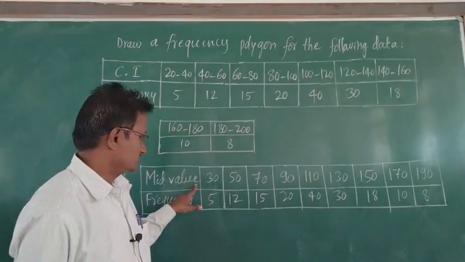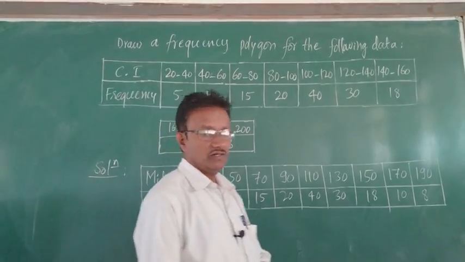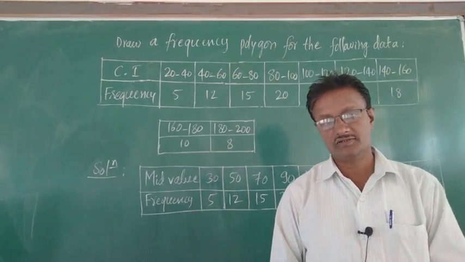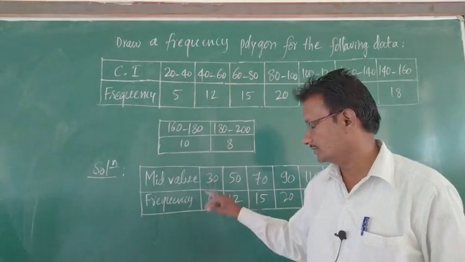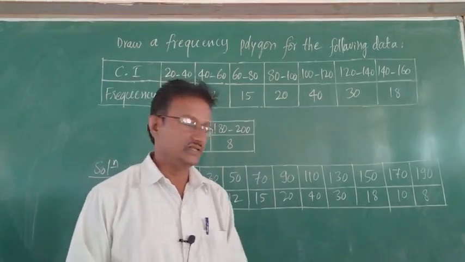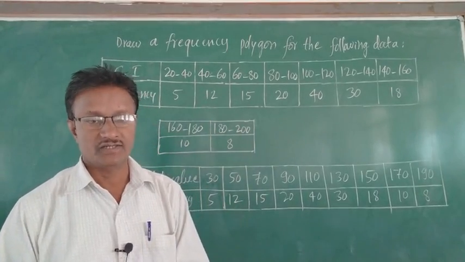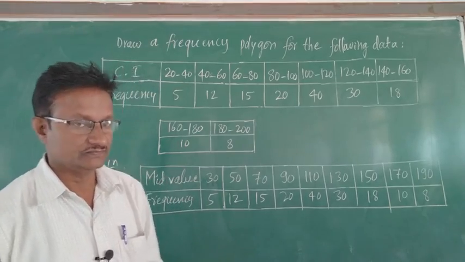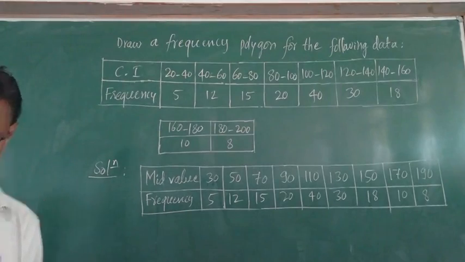The mid values are taken on the x axis and frequencies are shown on the y axis. Corresponding to a mid value and frequency, a point is plotted and all the points are joined to get the frequency polygon. Let us construct this frequency polygon.